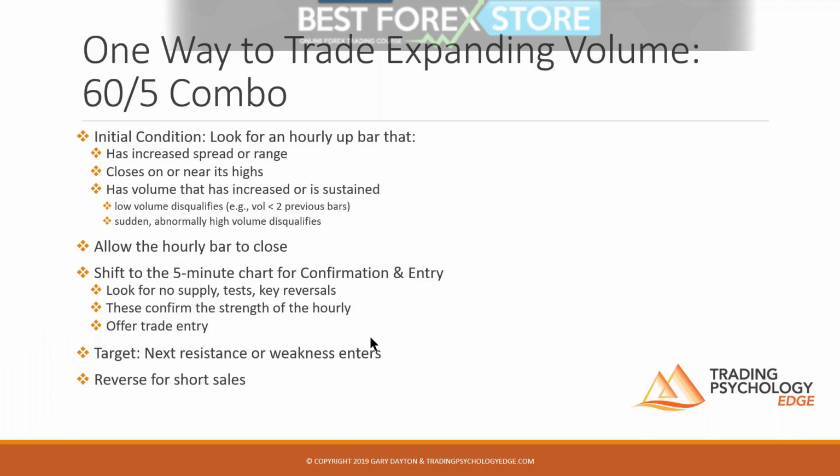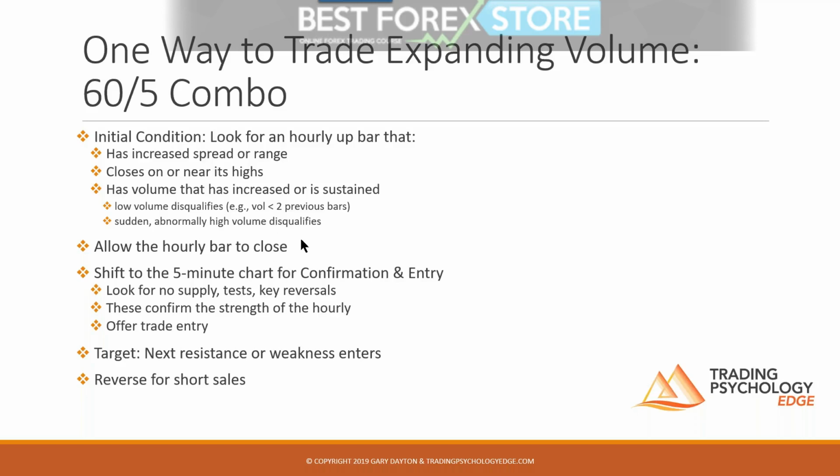So we allow that hourly bar to close, and then we shift to the 5-minute chart. And we're looking for two things, confirmation and entry. We're looking for no supply, tests, key reversals. These all confirm the strength of the hourly, and they also offer entry to our trade. I'm going to talk about no supply and tests and key reversals in detail.